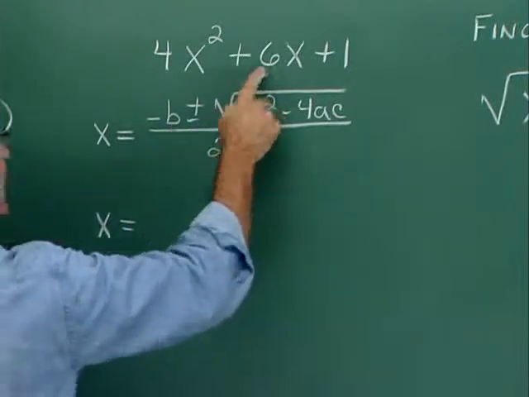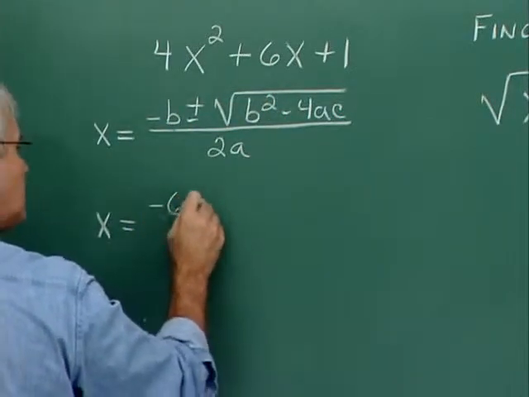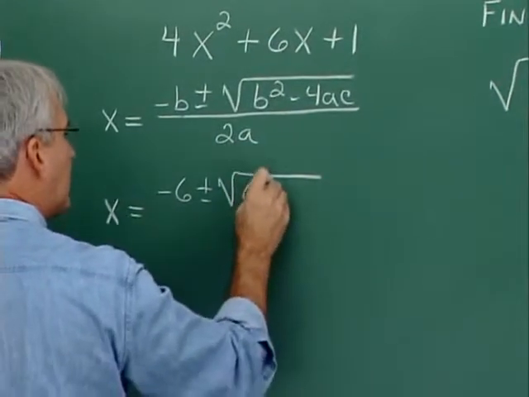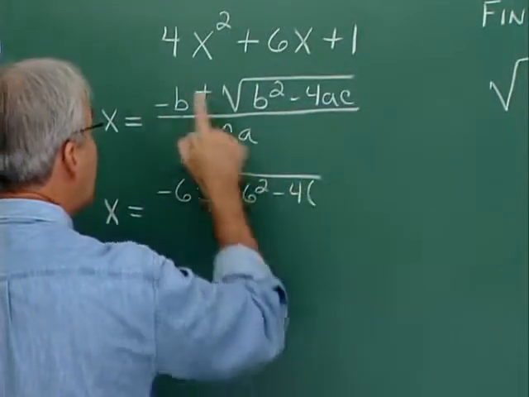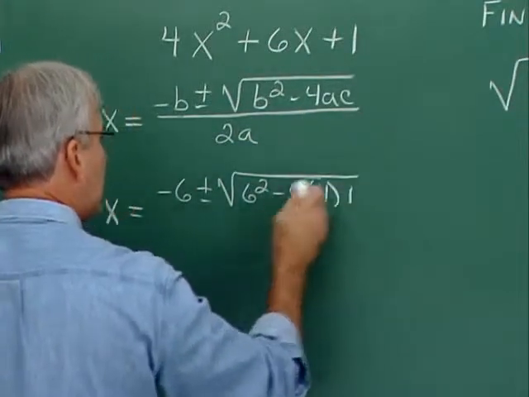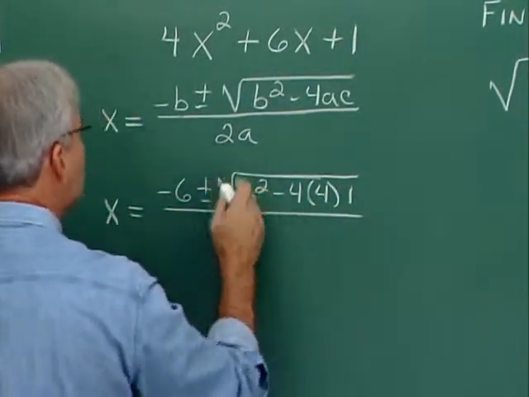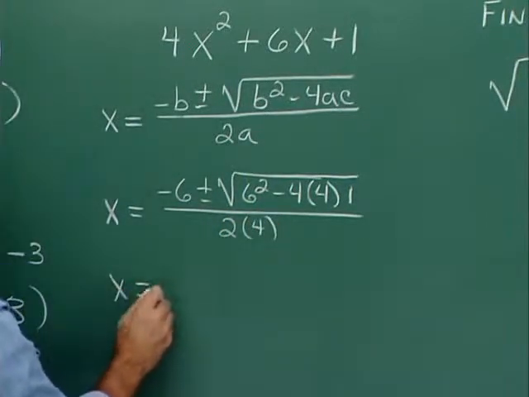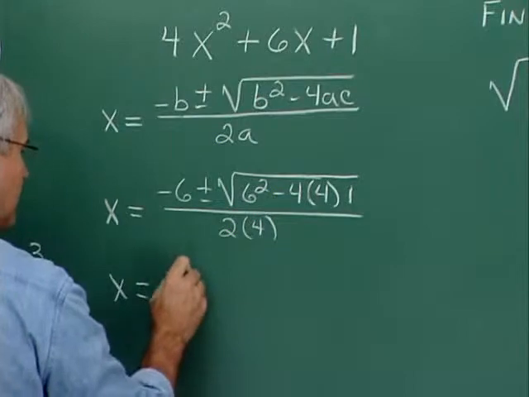Negative b means negative 6 plus or minus the square root of b squared. Oh, that's 6 squared. Minus 4 times a, which is 4, times c, which is 1. All of this is over 2a. That's 2 times 4. x then is, now we go through and perform operations.